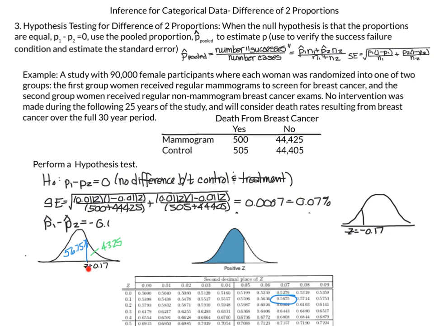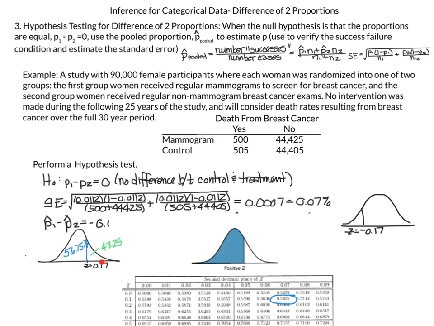At positive 0.17, we have 56.75%, according to this table, underneath z equals 0.17. That means above z equals 0.17, because the total area under the curve is 100%, is 100% minus 56.75, which leaves us with 43.25% above the z-score of 0.17.